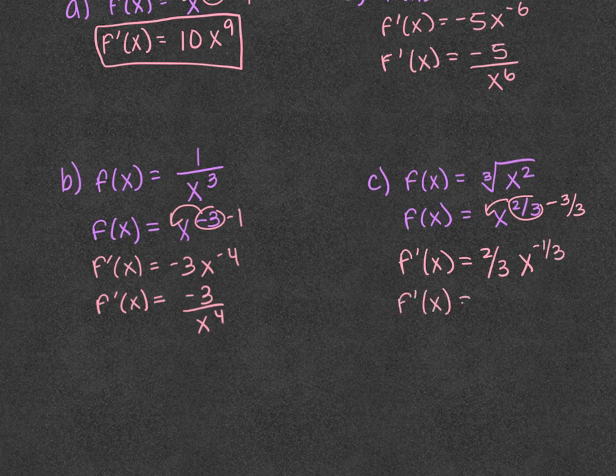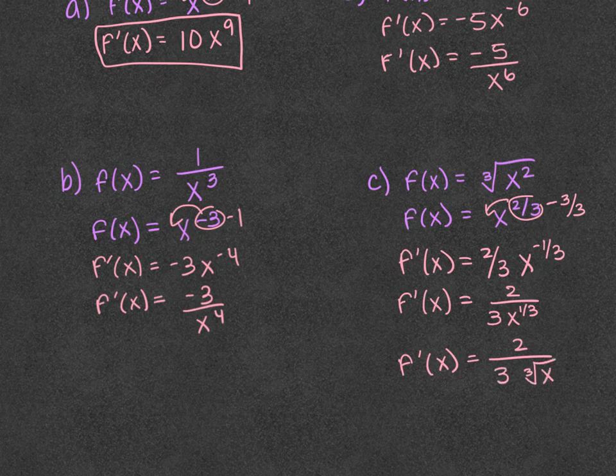Writing that a little better would be 2 over 3x to the 1/3. And then we can also put that 1/3 back in root form. So 2 over 3, and this would be the cube root of x to the 1st, so just cube root of x.